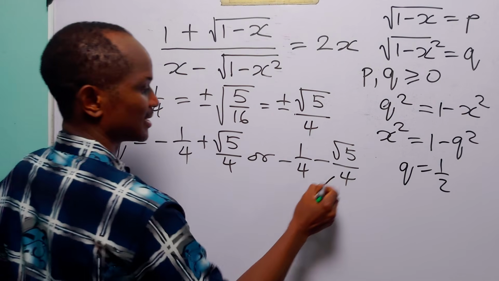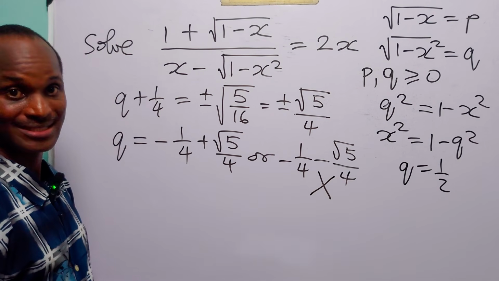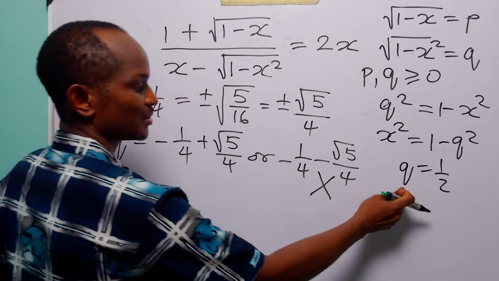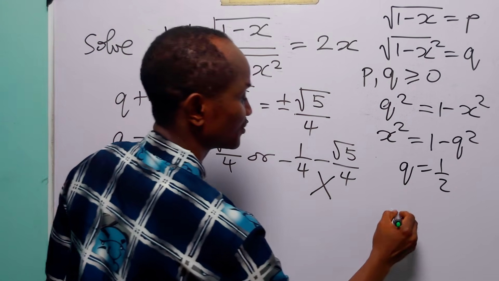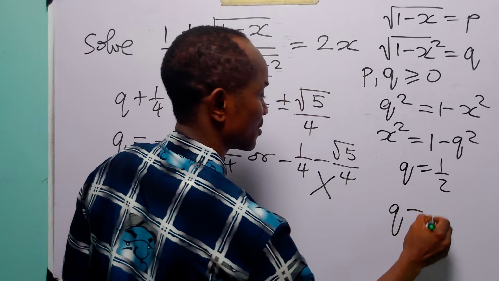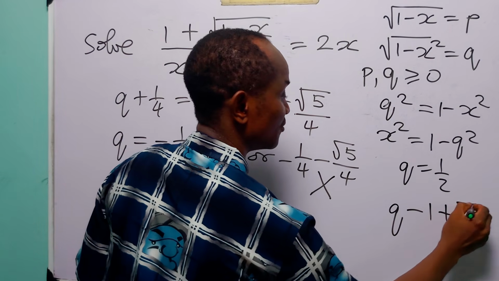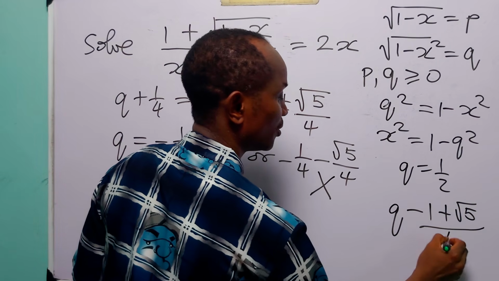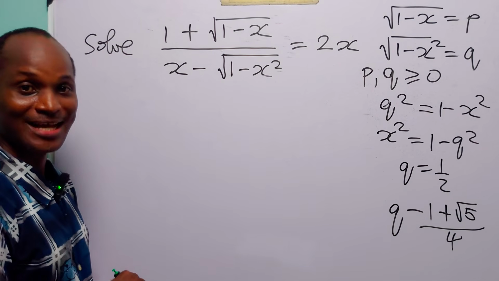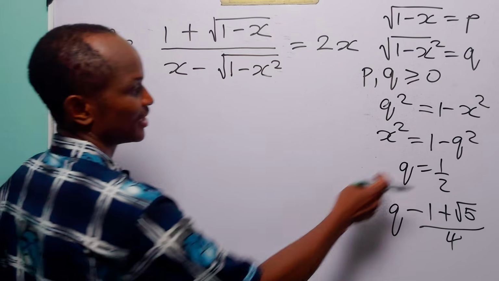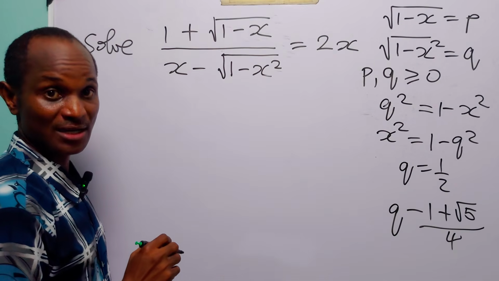So that means that this value is unacceptable. So we have that q is equal to half, or q is equal to minus 1 plus root 5 all over 4. And finally, to find the values of x, we go back to this substitution equation.